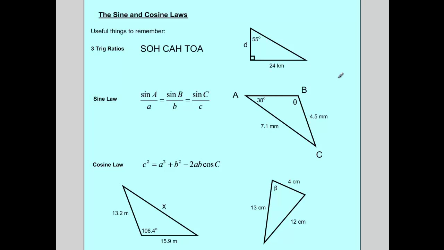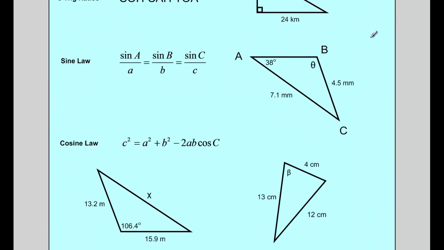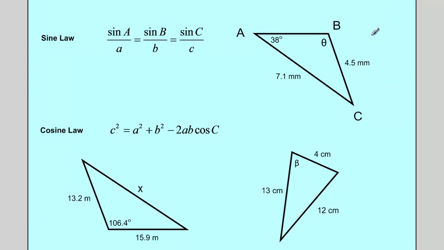But what happens when I don't have a right angle triangle? So there's a few different situations that can occur. The first one we're going to look at is this triangle down here. Notice how in this triangle we have an angle that's 38 degrees, a side that's 7.1, and another side that's 4.5, and we're looking for an angle theta.